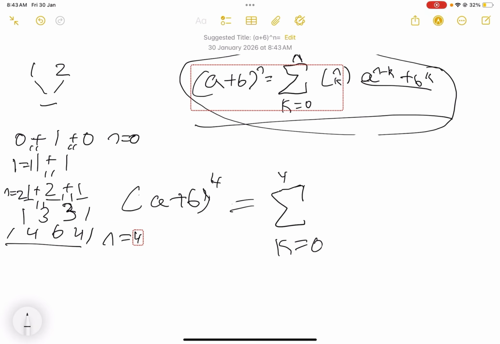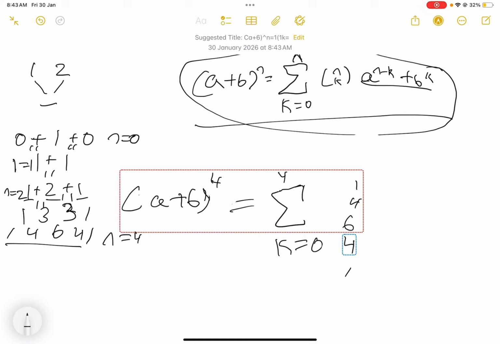So we don't have to do n choose k every single time. You can just write the coefficients using Pascal's triangle. So these are the coefficients, we know that already, and the rest of it is pretty simple.